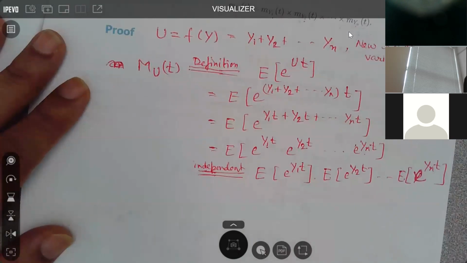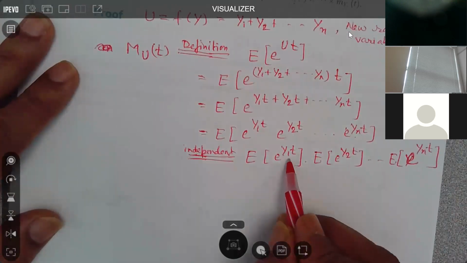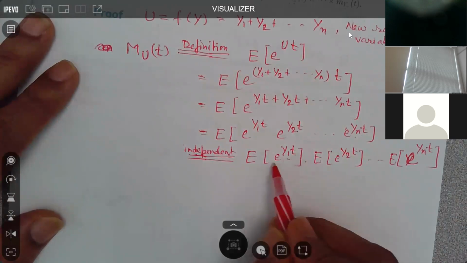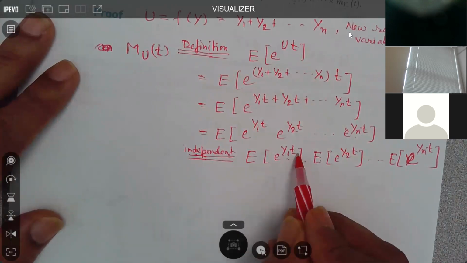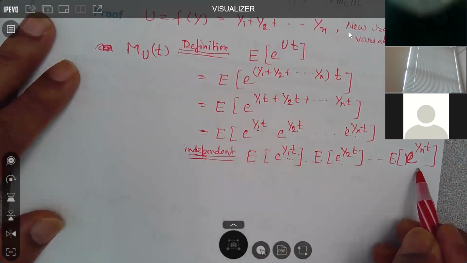Because they are independent, we can write it like this. So this is the moment generating function for y1, the moment generating function for y2, the moment generating function for yn, right?